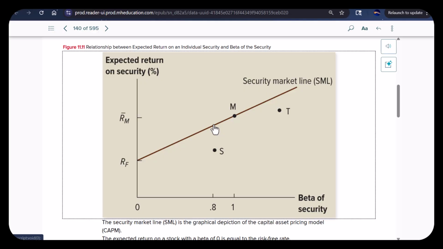So any portfolio that places below the security market line is overpriced. Any portfolio, let's say you place over here, you are underpriced. Because for the same level of risk, you should be giving less return. But if you're giving a lot of return, which means your price is too low.